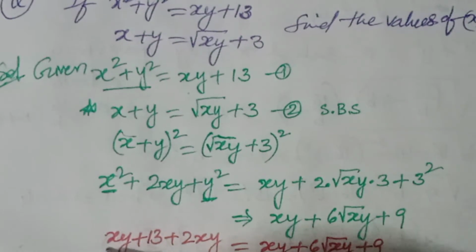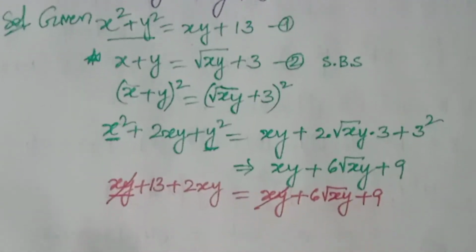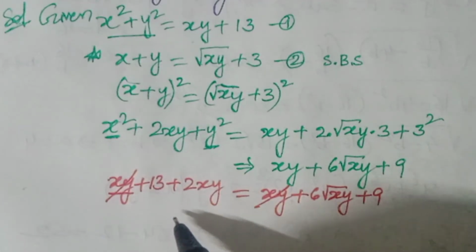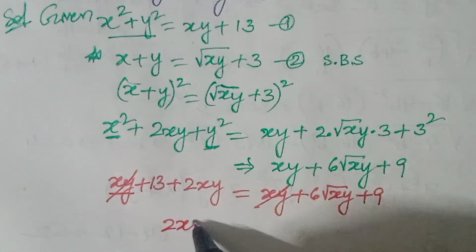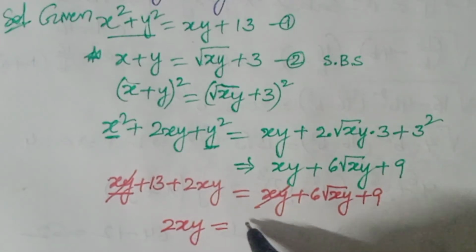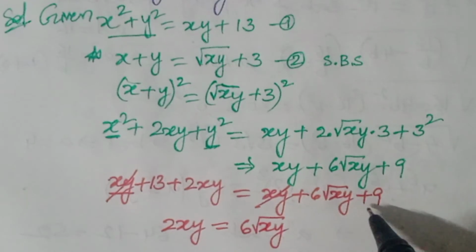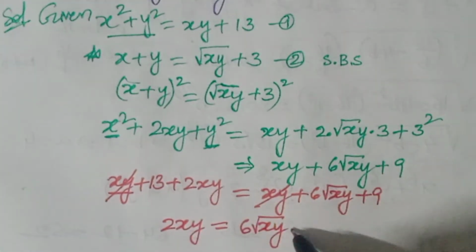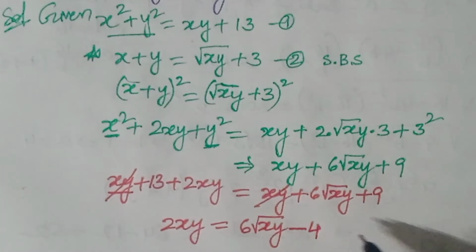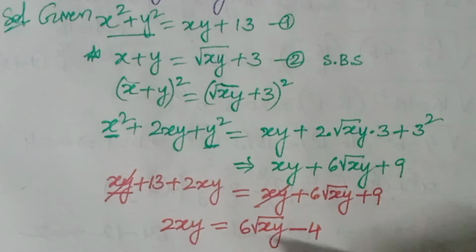So here xy will get cancelled. So 2xy is equal to 6 root xy. Here 9 minus 13, minus 4 will get. So here you can take 2 common.